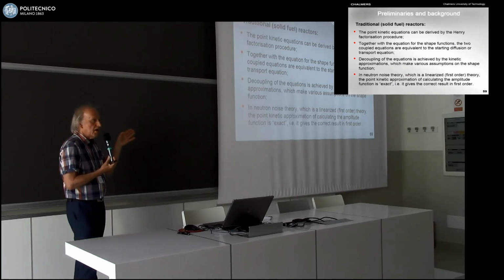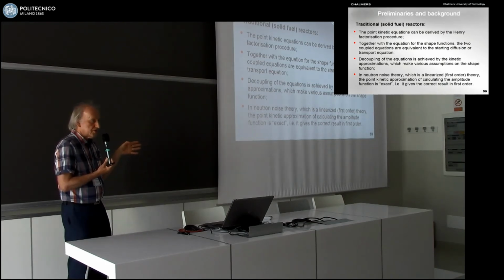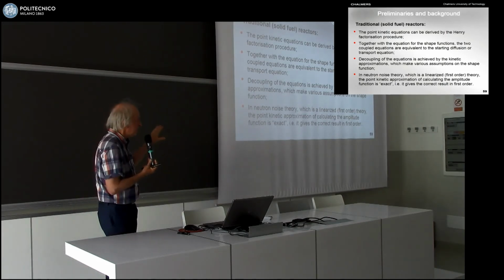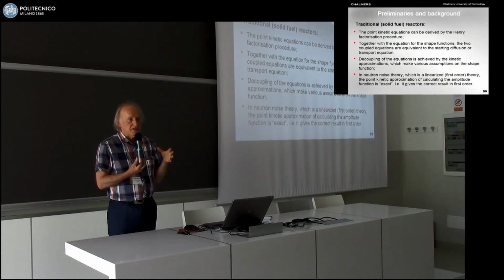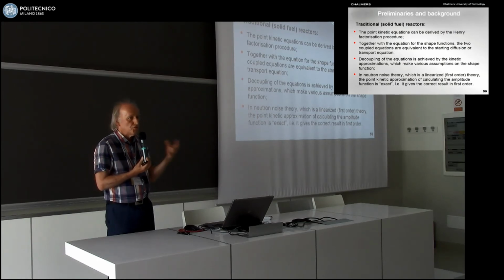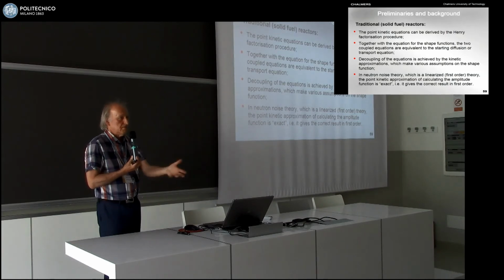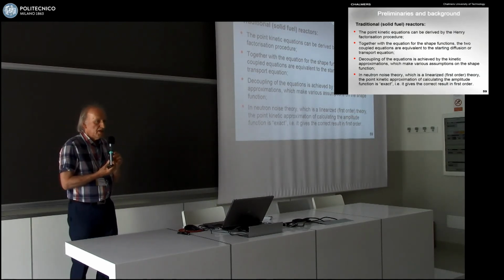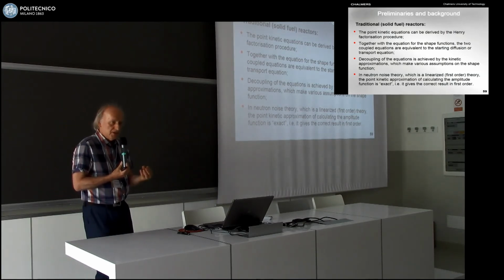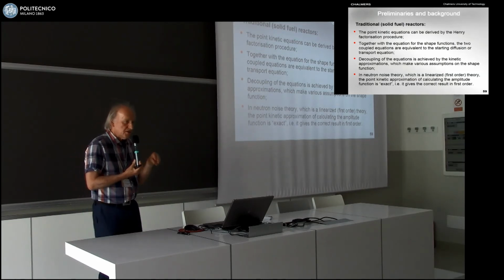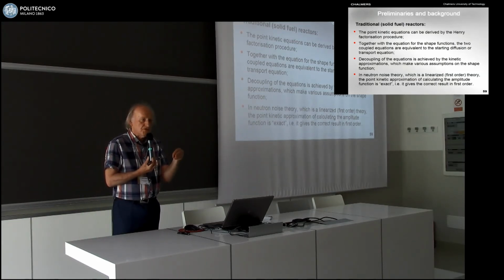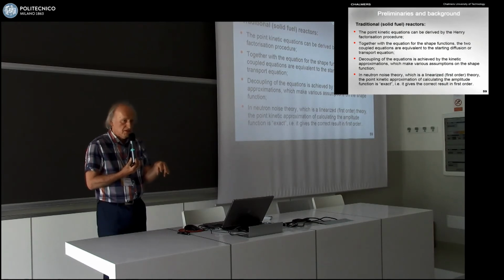That is one out of two things which happens with the molten salt reactor. So I just said it in words. The point kinetic component is basically a projection of the full solution into the space of the static function. The point kinetic equation is an equation which gives as a solution this projection.